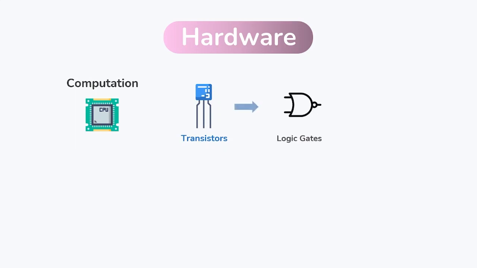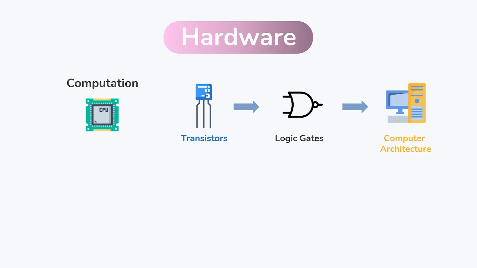So if we combine these transistors together, we get logic gates, and the logic gates enable us to express more complex logic, things like addition, the AND, the OR, and with that, we can build very strong and very complex computer architectures. So this is the process that we build upon our computers.